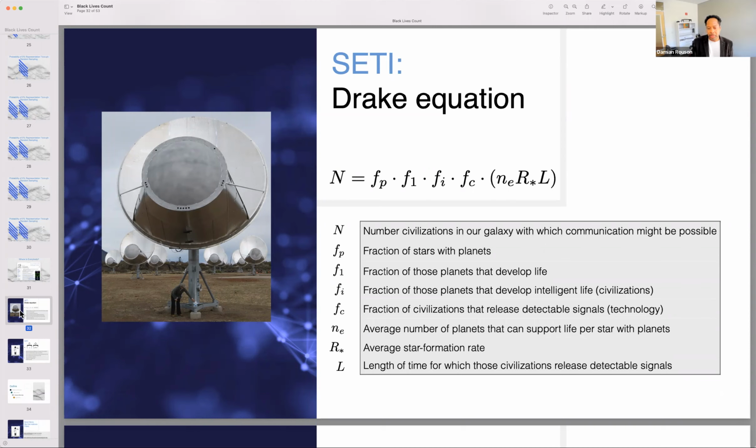And once you get to the point in this problem where the pipeline is full and you've reached some steady state in the process, then you can imagine that the number would scale on the rate of star formation times the length of time for which a civilization releases a detectable signal, right? For us, we've been releasing detectable signals since we've been producing radio waves, so maybe somewhere around 100 or so years.